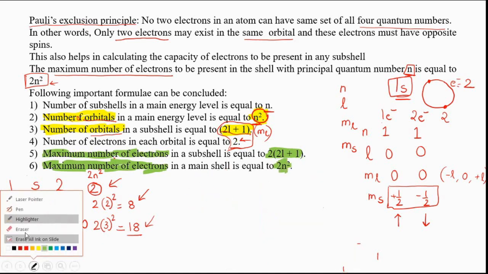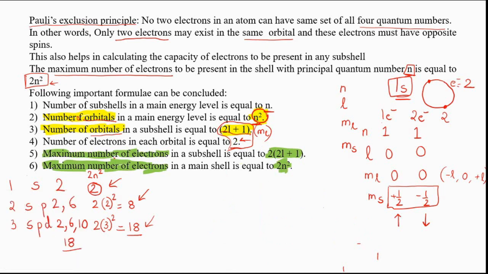The first one gives us from n squared. So I can get from a principal quantum number the total number of orbitals. Considering all the subshells, be it s, p, d, f, it will add all the values and give us the total number of orbitals in that shell.